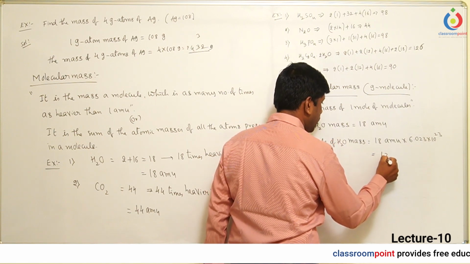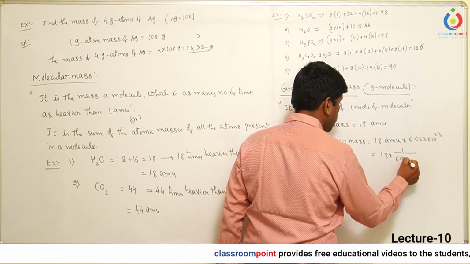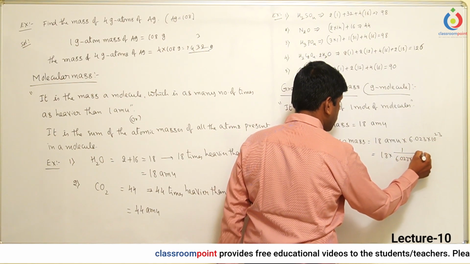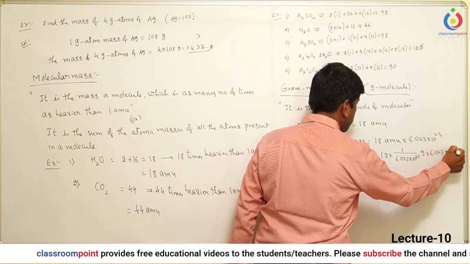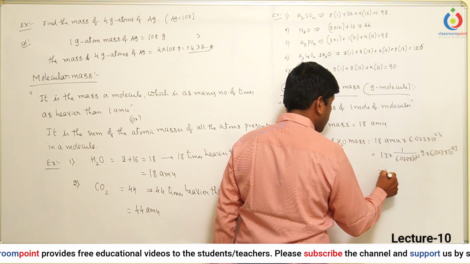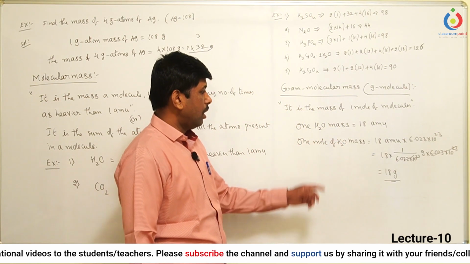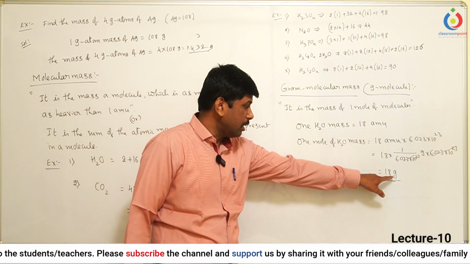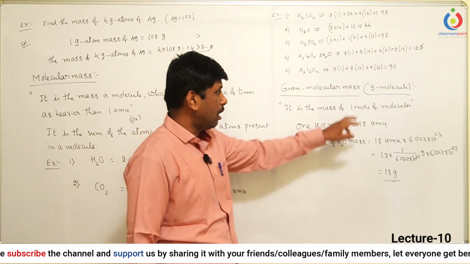So here 18 AMU into 1 upon 6.023 into 10 power 23 grams into 6.023 into 10 power 23, which cancel out. So again we are getting 18 grams. So the mass of 1 mole of molecules, when you express it in terms of grams, is called the gram molecular mass or gram molecule.